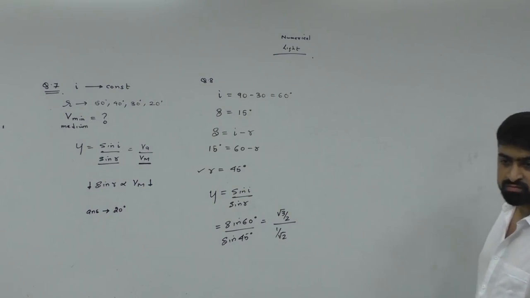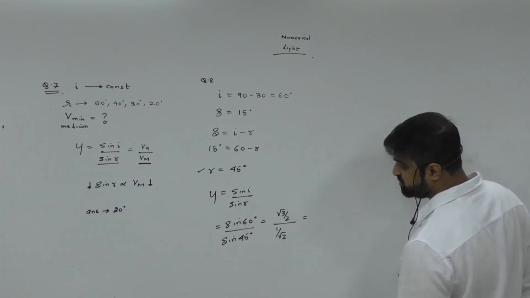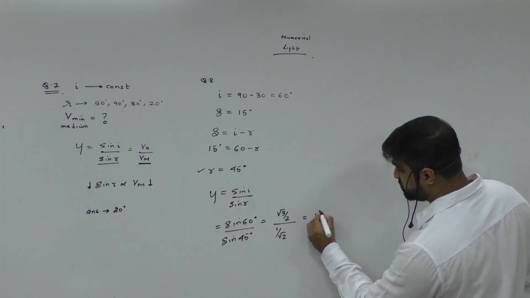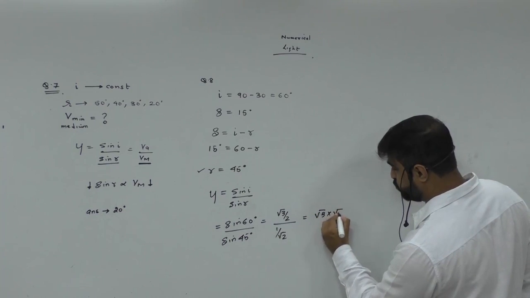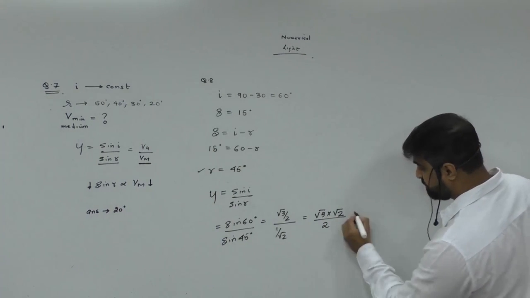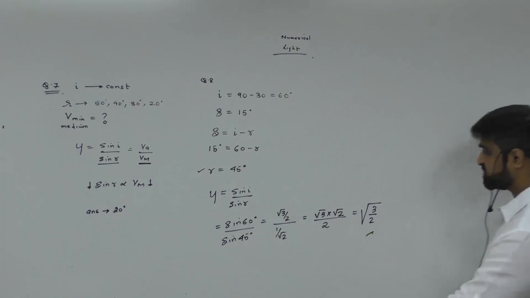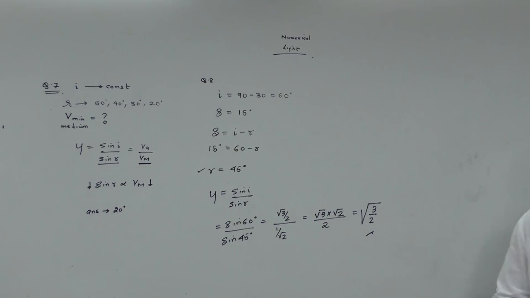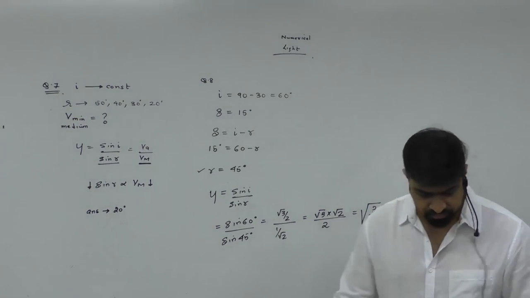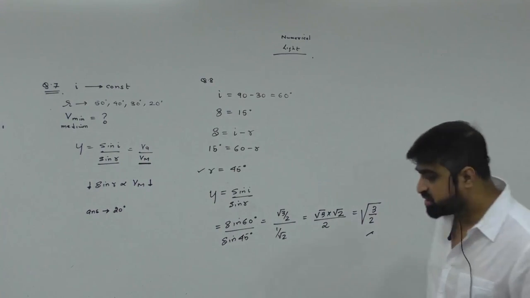So what will be the answer? हाँ, ये हो जाएगा √3 into √2 by 2 ना? Getting it? So root of 1.5, approximately 1.22. 1.22 is the answer. ठीक है? Clear?